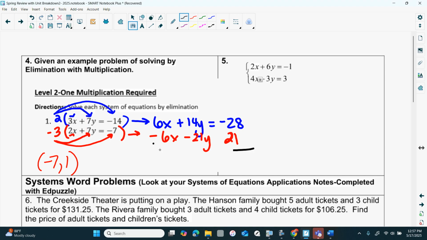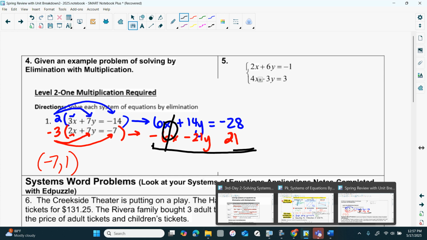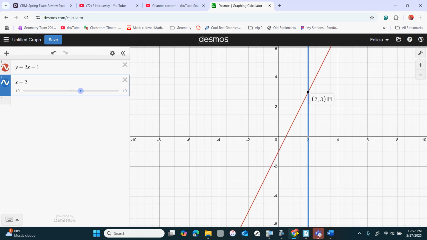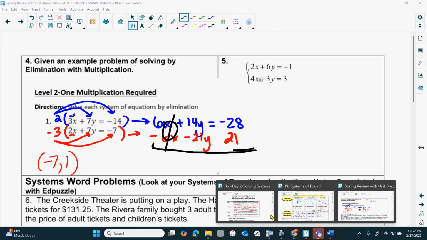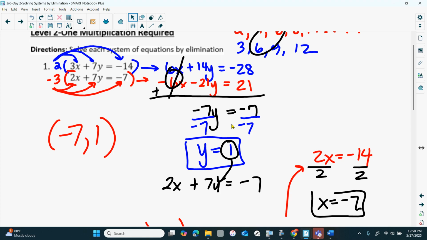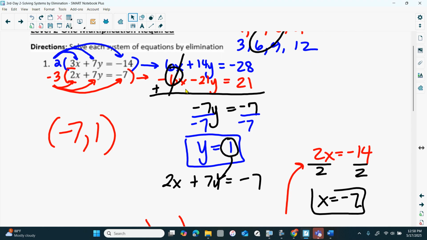And then when we add it, these just eliminate. So if you look, I'm going to go back to the actual notes. Here's the note. So here's the work that we did in the notes showing the steps. So you want to have an example that you can use to refer to.